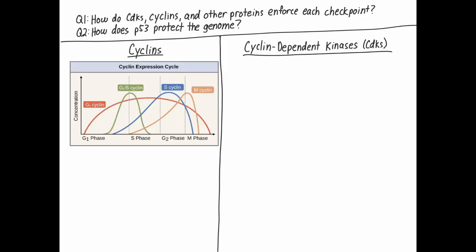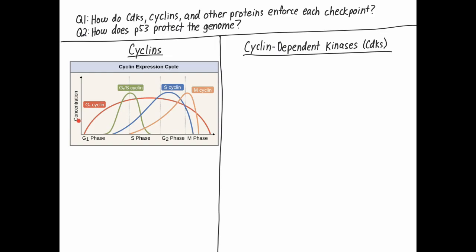Two types of proteins that regulate cell cycle checkpoints are cyclins and cyclin-dependent kinases. Cyclin proteins do what they sound like. Cyclins regulate the cell cycle. There are four types: the G1, G1S, S, and M phase cyclins.